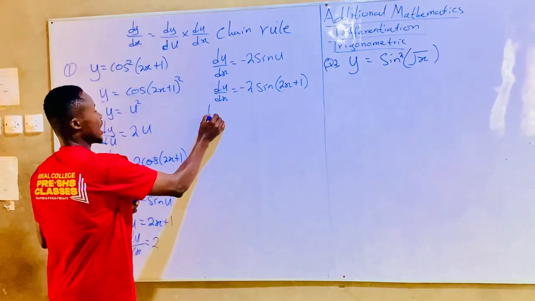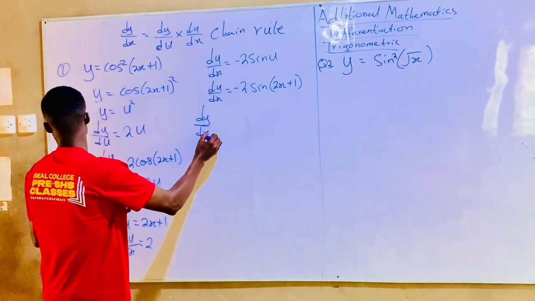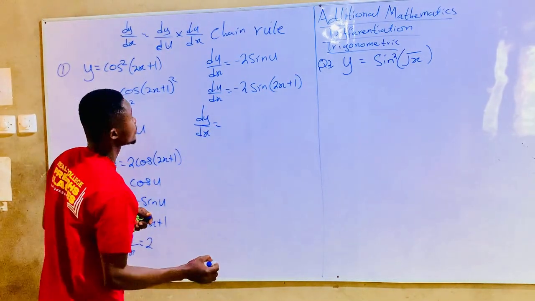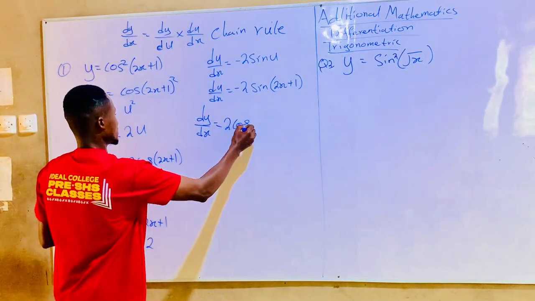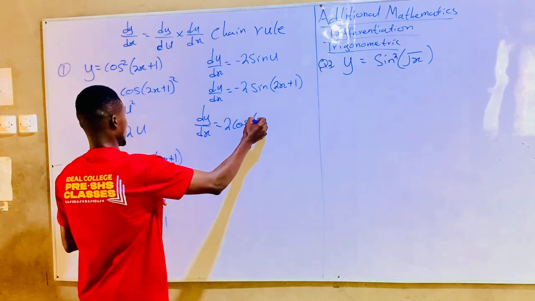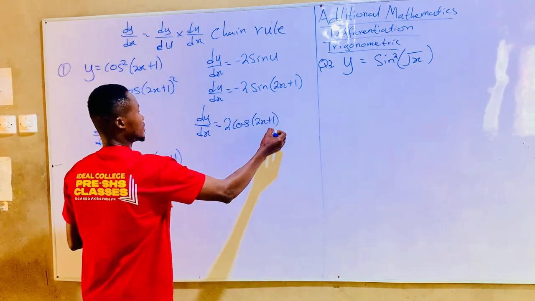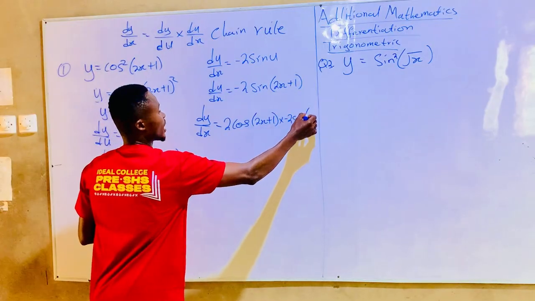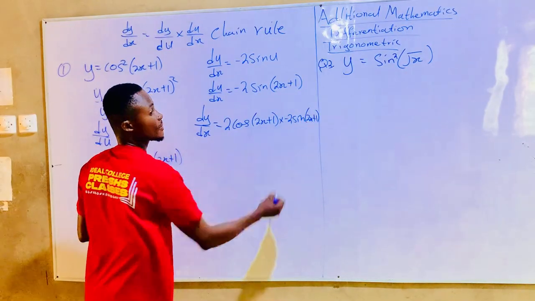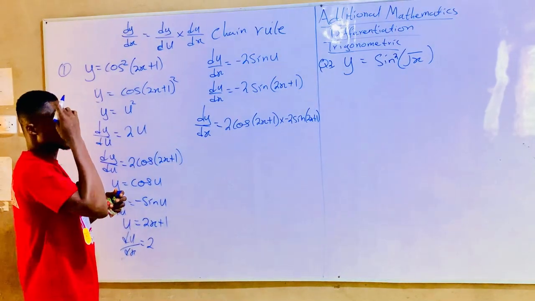So our dy over dx will be equal to 2 cos(2x + 1) times negative 2 sine(2x + 1). Then we multiply the 2.